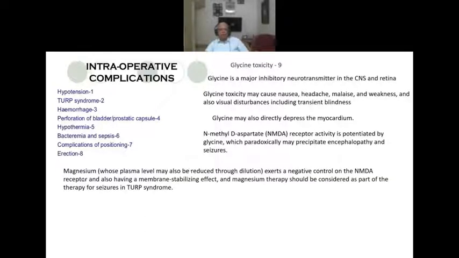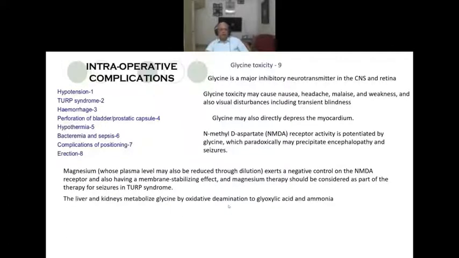Magnesium may also be reduced by dilution, and it exerts a negative control on the NMDA receptor, having a membrane stabilizing effect. So magnesium therapy should be considered as a part of treatment for seizures in TURP patients, magnesium sulfate being the recommended drug for control of seizures.